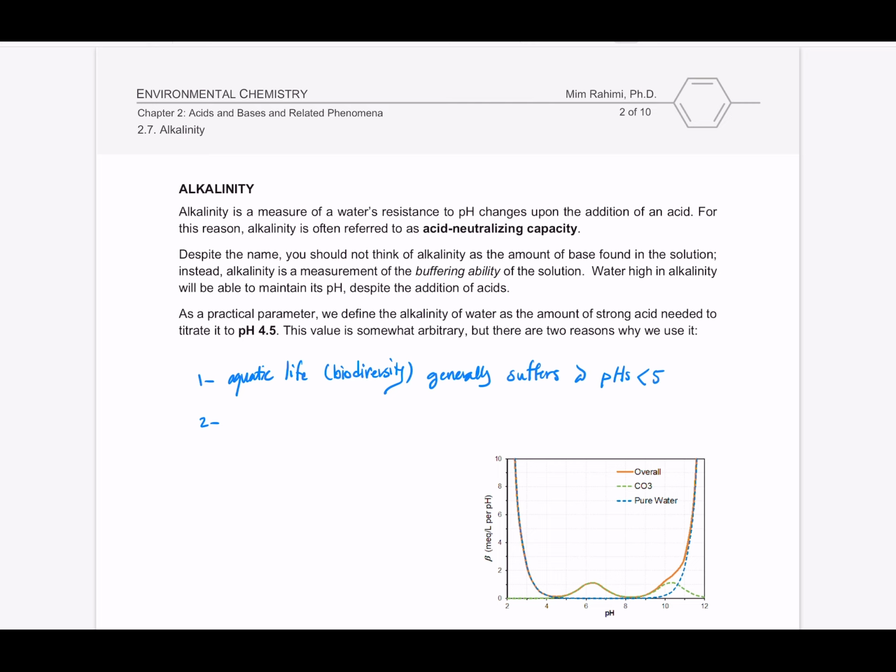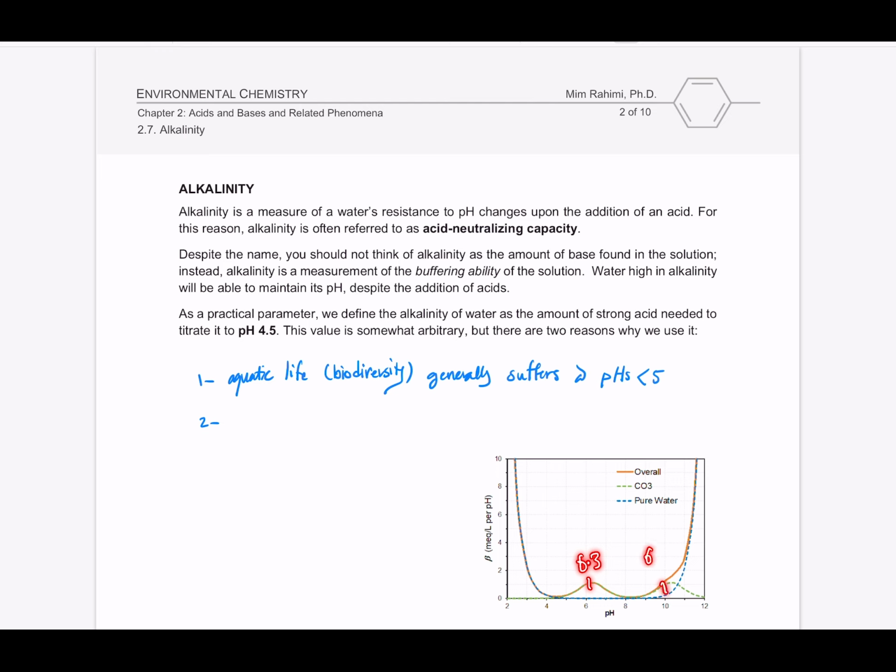So why 4.5? This is the buffer intensity curve, the green one that I'm drawing, for carbonic acid. As I mentioned, the peaks are related to the pKa. This is the first pKa, 6.3.